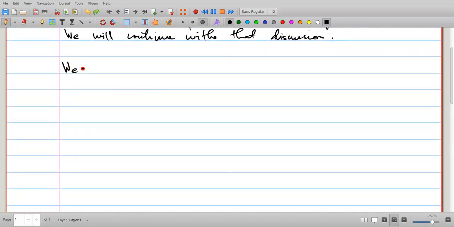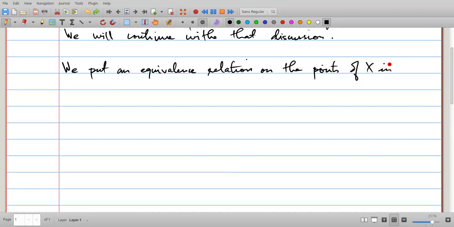So we put an equivalence relation on the points of X in the following way.